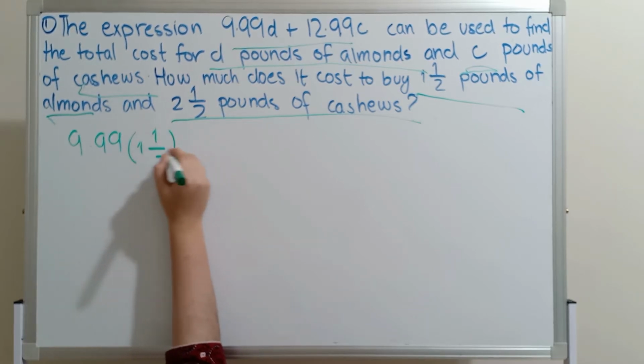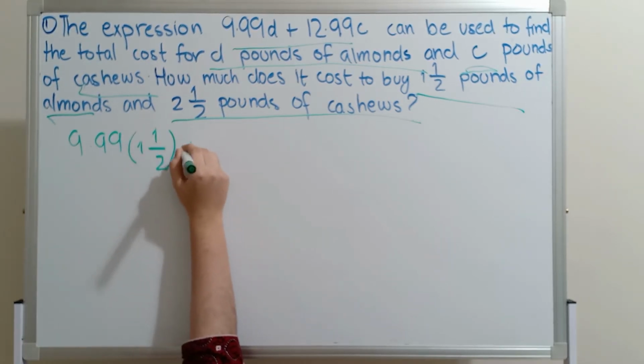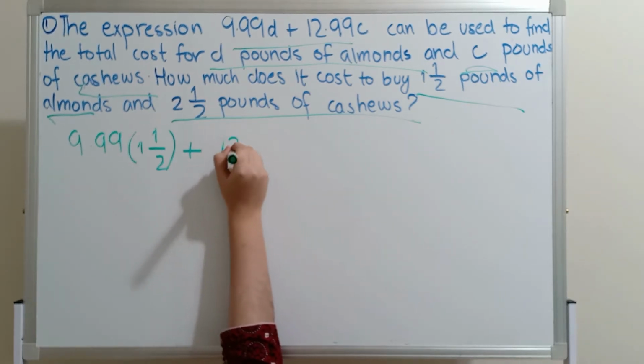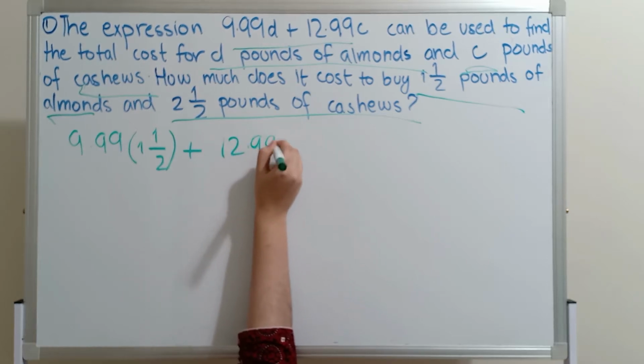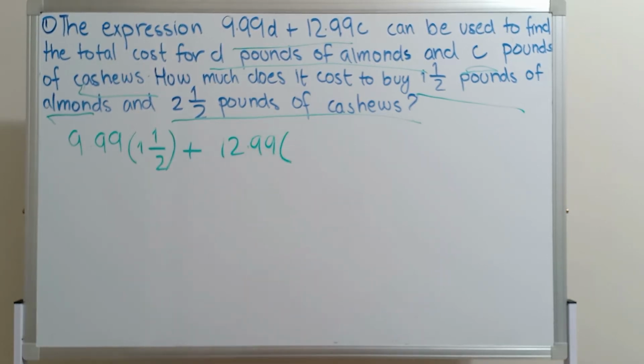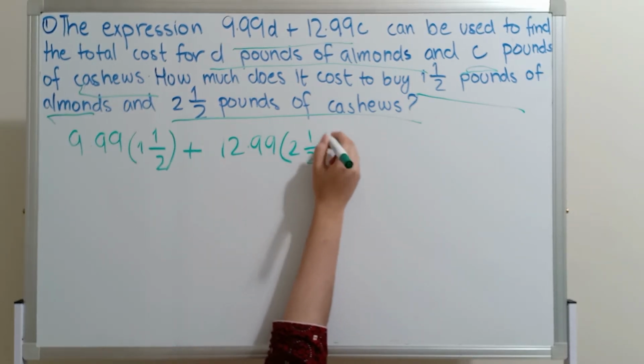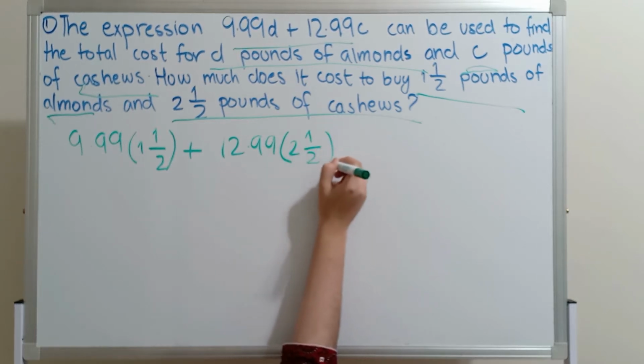Then we're going to add, because we're finding the total cost for both. We multiply 12.99 by C, which is 2 1/2 pounds of cashews.